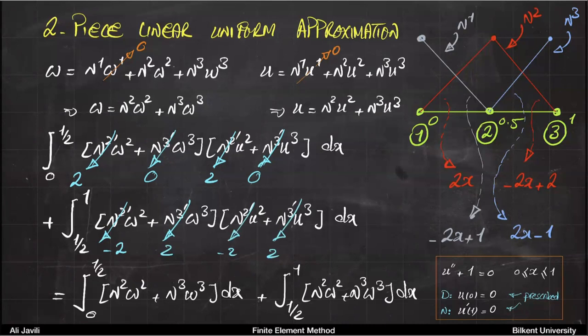And n2 and n3, you already have them. So n2 between 0 and 1/2 is 2x, whereas n2 in the second integral is minus 2x plus 2. n3 in the second integral is 2x minus 1, and in the first integral it is 0. So you have these.